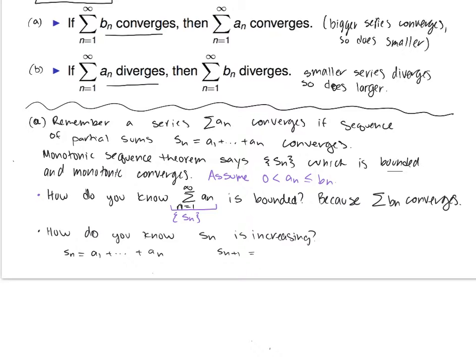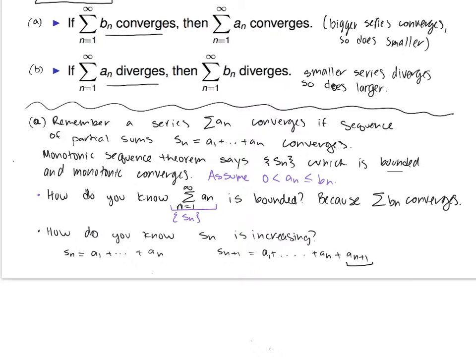If S sub n is adding the first n things, what is S sub n plus 1? Adding one more term, right? So all the same stuff. What thing that you assumed about the a sub n's allows you to say the thing on the left is less than the thing on the right? What kind of number is a sub n plus 1? Positive or negative? Positive.